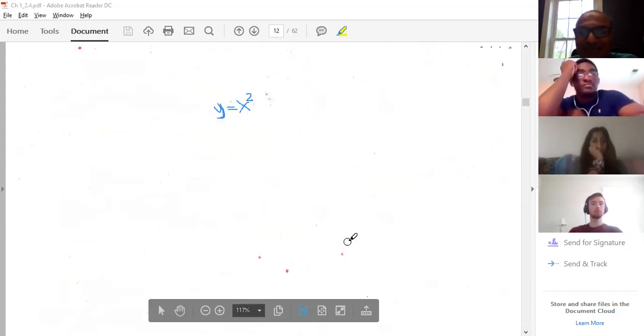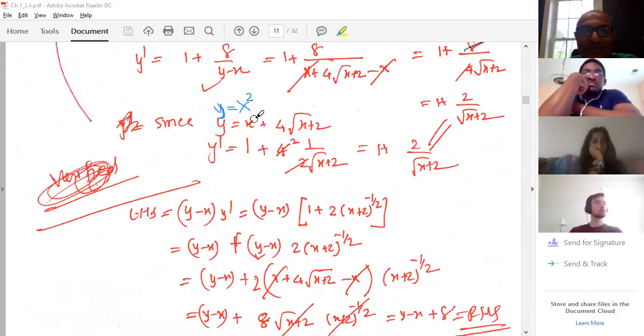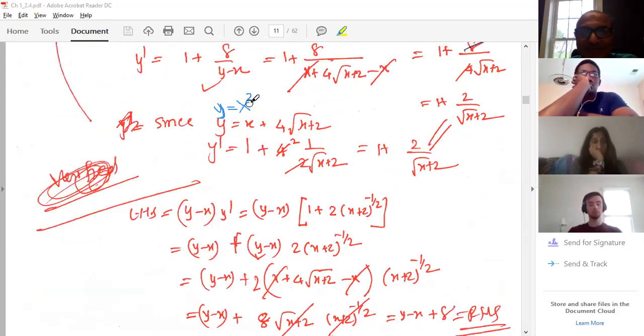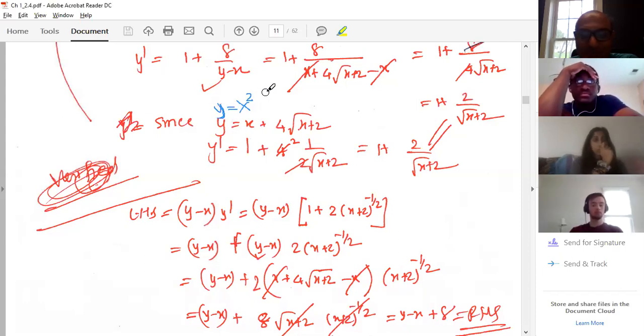After this example, we'll stop. This x square was messed up, so don't count this blue line, okay?